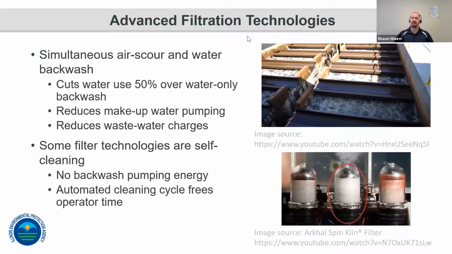So simultaneous air scour and water backwash is something that we found recently, where instead of doing a staged air scour and then a backwash cycle, you can do them at the same time. What this allows for is a lower flow rate of water through the sand bed to break up materials, because you're going to use air bubbles as well to break up those materials and flush out impurities.